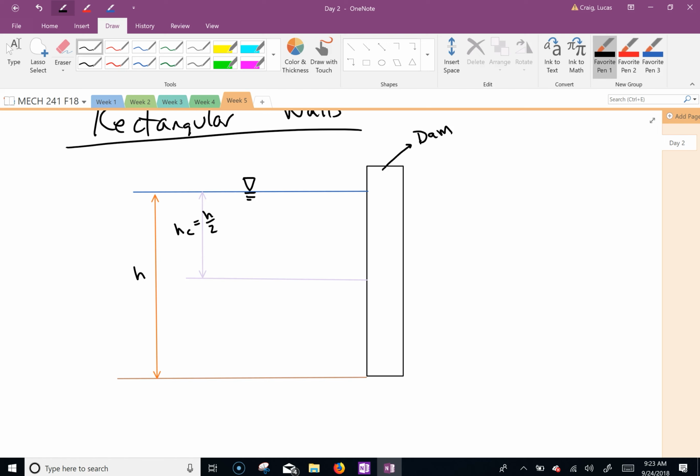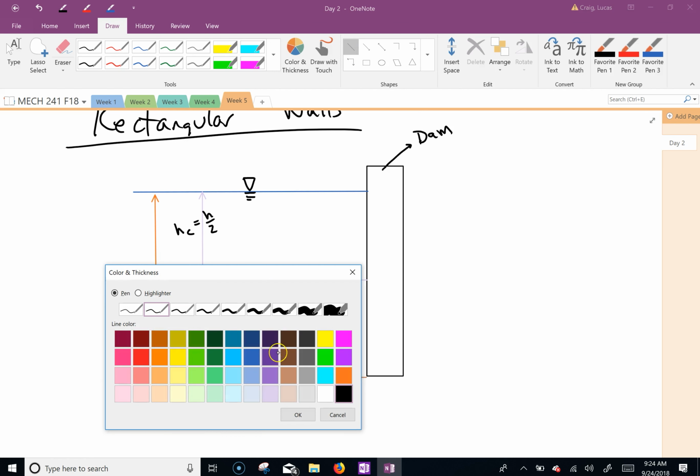Okay. Now, can someone tell me what the pressure distribution is going to look like? The top of that down. Some sort of angle. It's a linear line, all right? So let's make it linear. And I will do green.